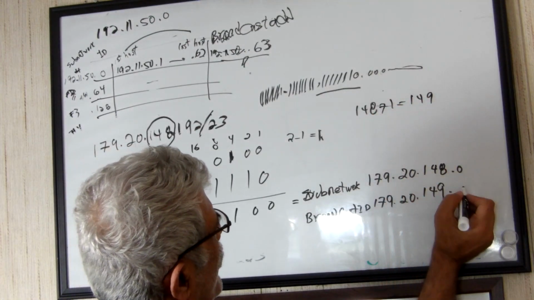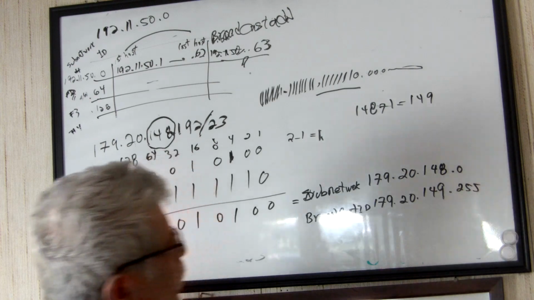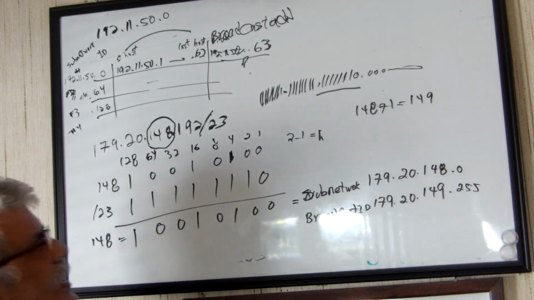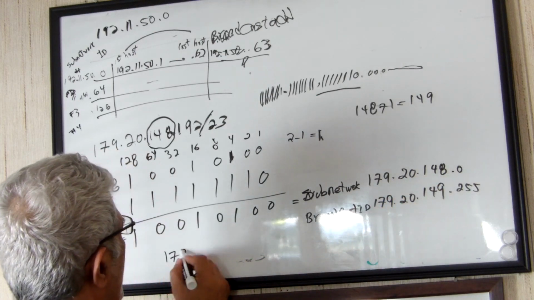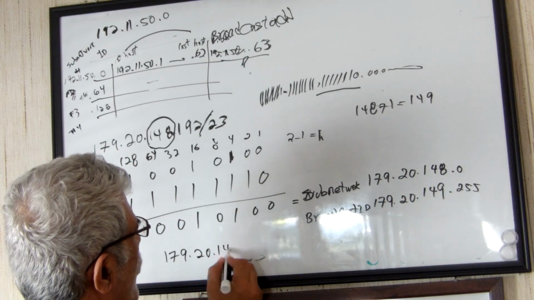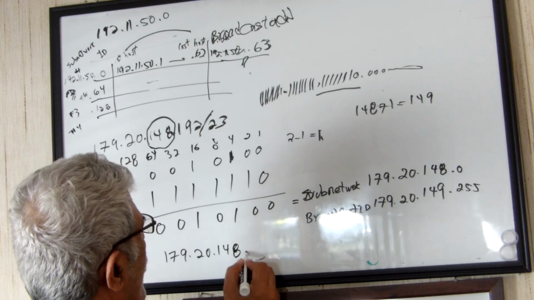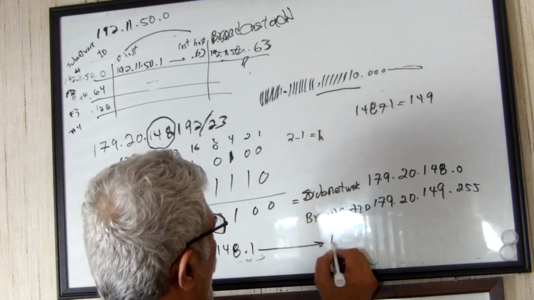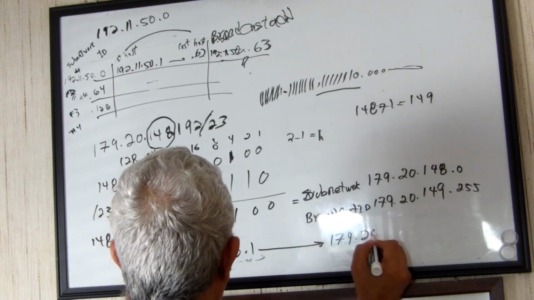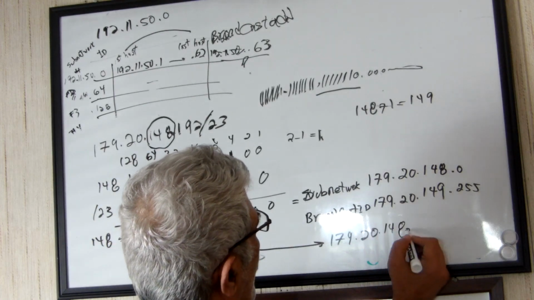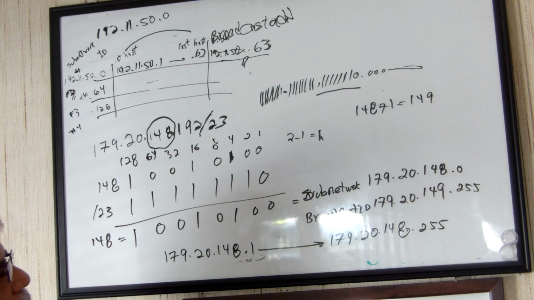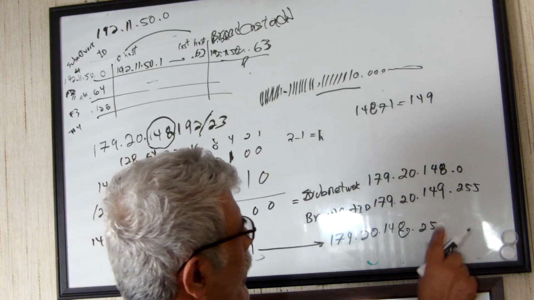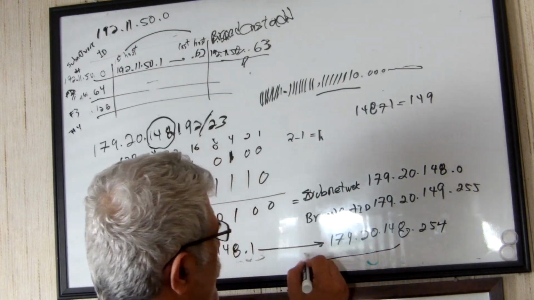So it's going to be 149.255. So the host range starts from 179.20.148.1 up to 179.20.149.254. So the host range is this.